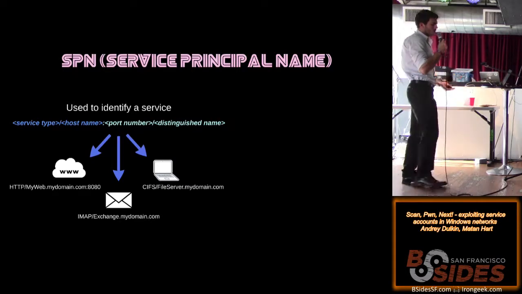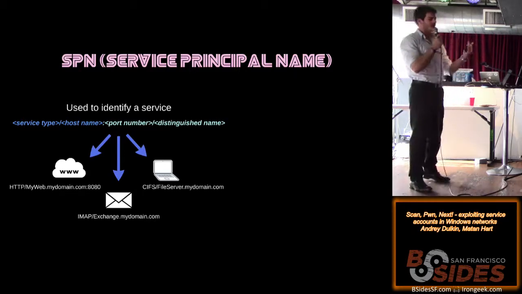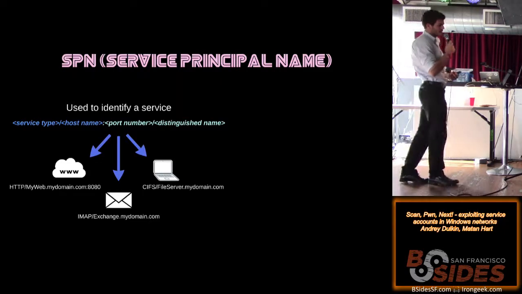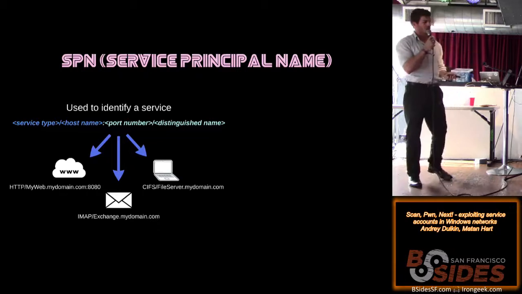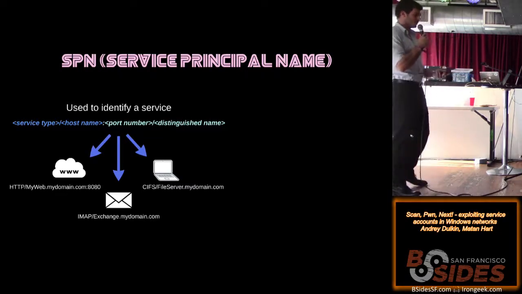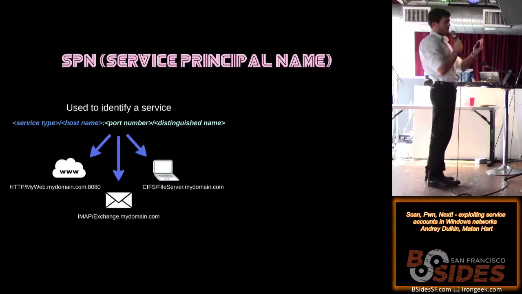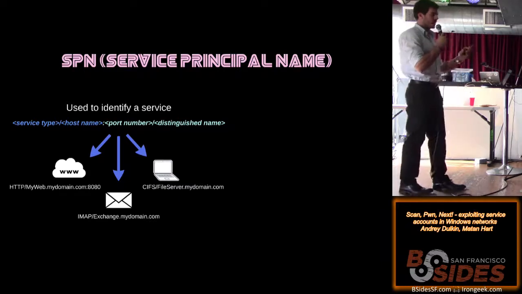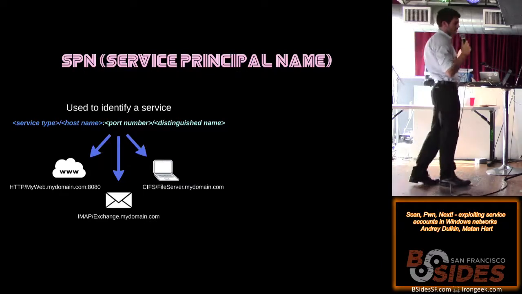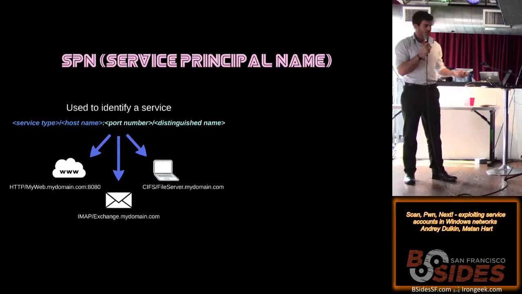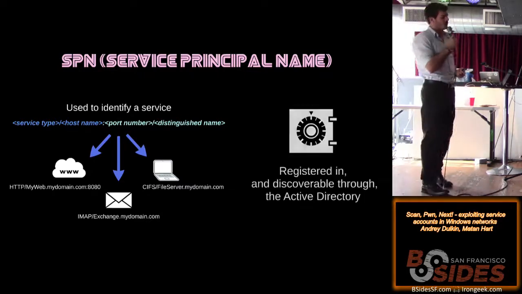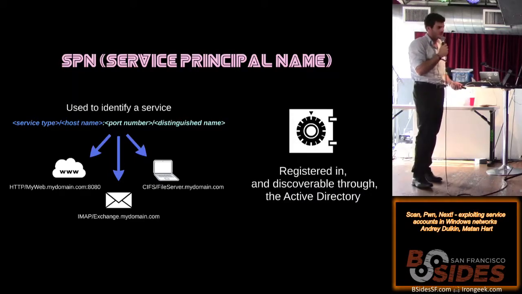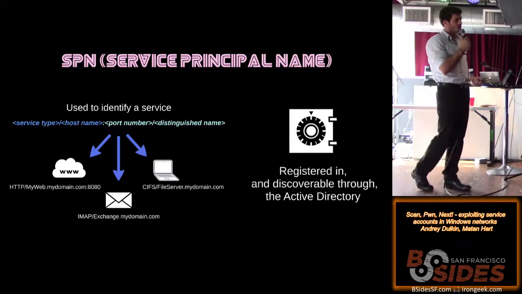So in other words, you basically request access to the SPN, which represents that service, when you need access to something. If you have a SharePoint, you actually request access to the web service, and if this SharePoint uses a backend database, the SharePoint actually needs to request access to that database also. So we have a lot of SPNs in the network, and all of those SPNs are registered in the Active Directory, and are easily discoverable using built-in Microsoft tools.